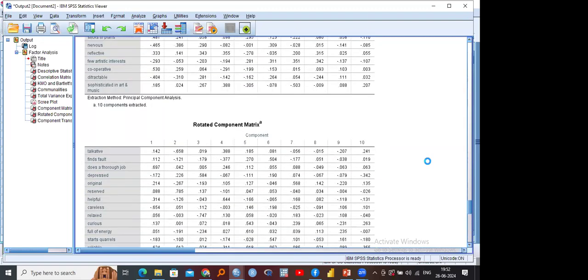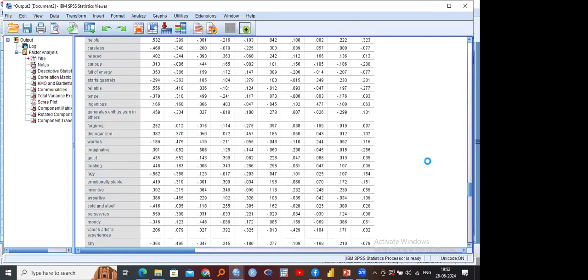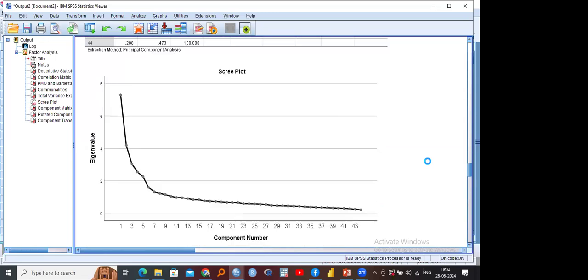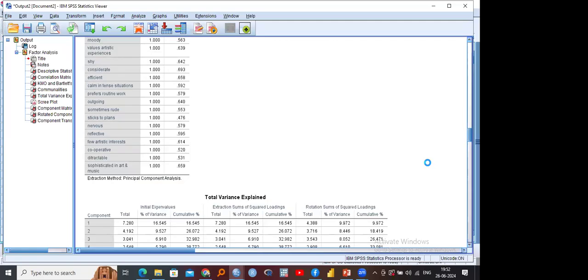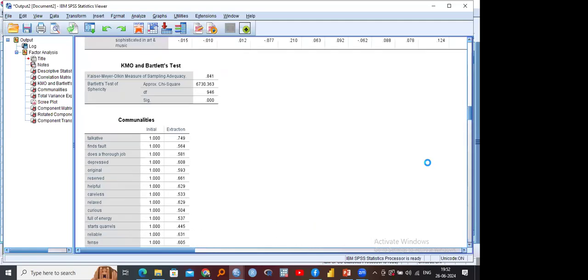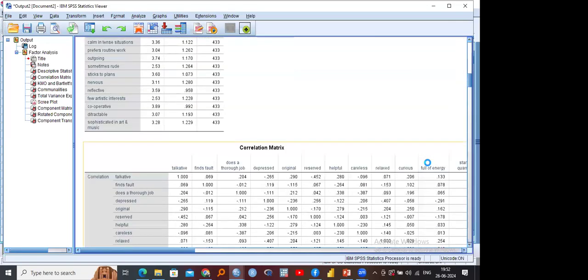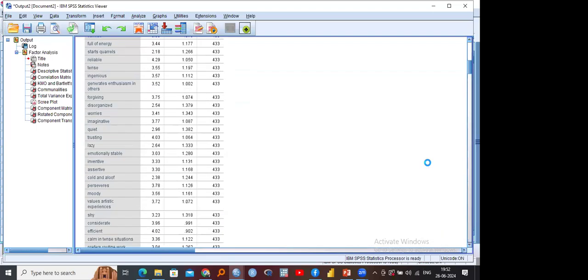And the students take about 2-3 practical classes, which means about 6-7 hours to complete all this calculation manually, which this software has done for you in not even a minute. It did not take even 1 full minute to complete all this analysis.